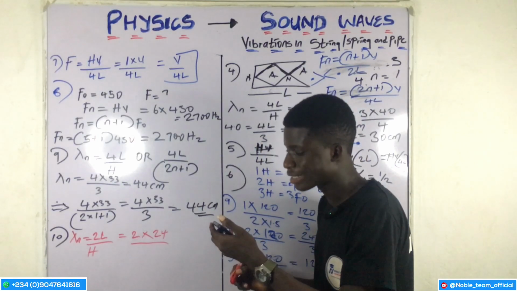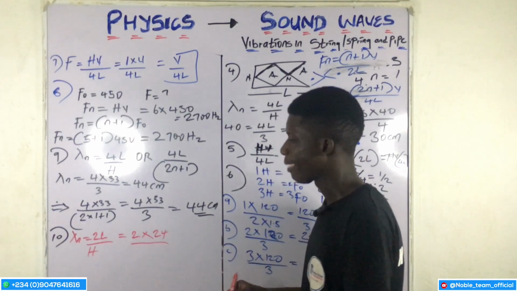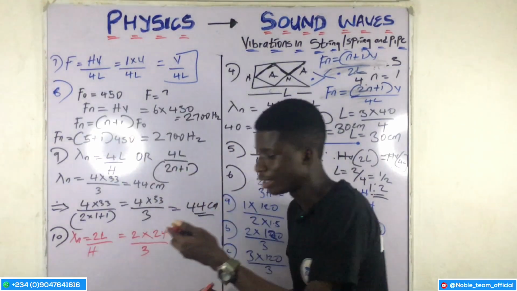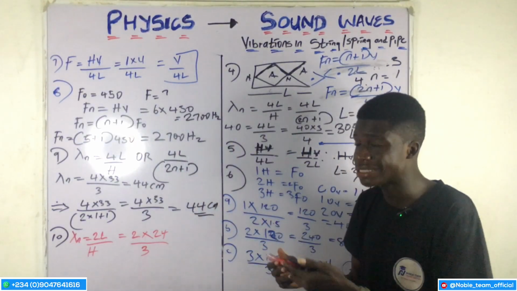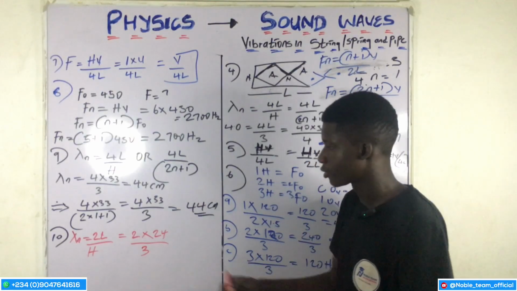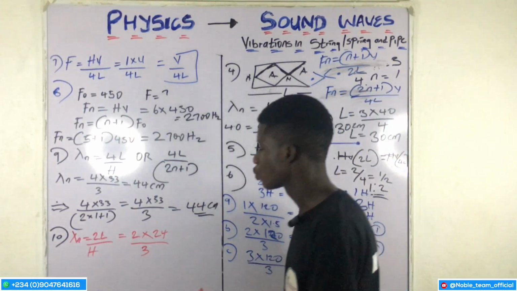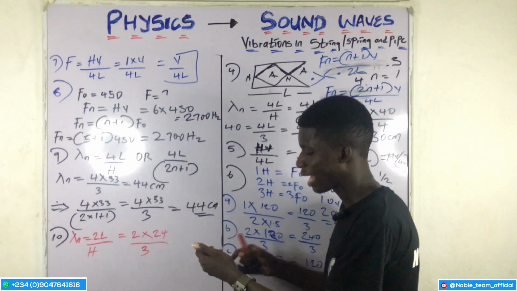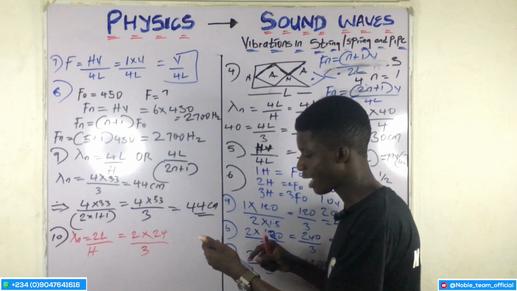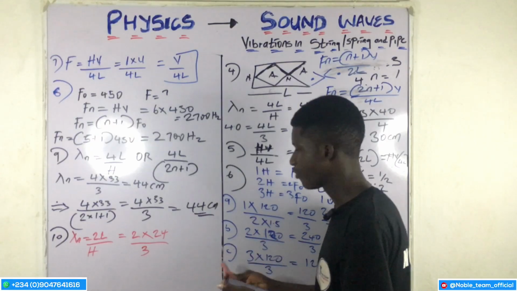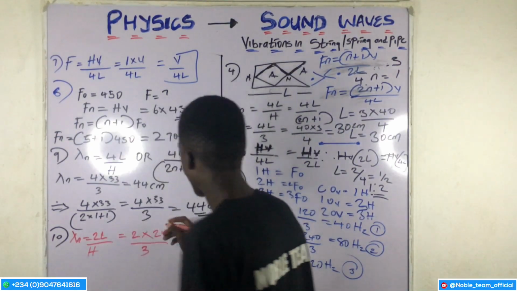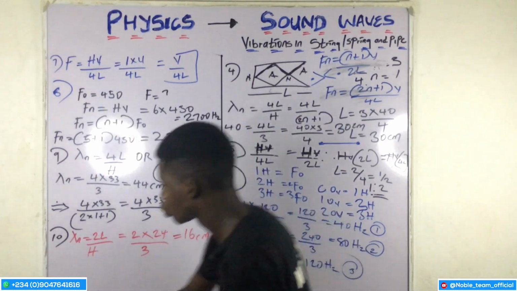Since they are saying it is the second overtone, my harmonics is going to be 3. Do you understand? Since it is the second overtone, after 2 you get 3. So 24 times 2 divided by 3, so I have 16 centimeter.